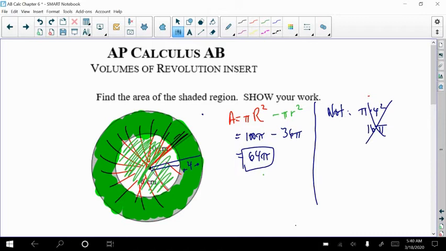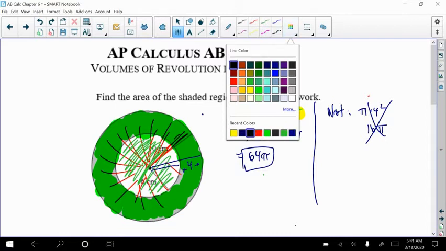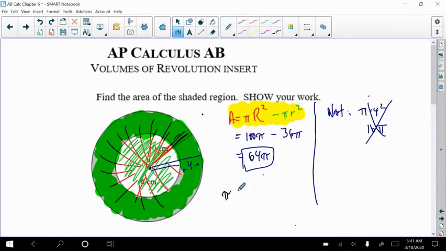So don't do that. But the other thing I want us to notice, and this is going to help us when we start setting up our volume down below, is that there is a pi in each of those factors. That I could have taken out a pi, factor out pi first. That I could have done. So I could have said, okay, let's take out pi.